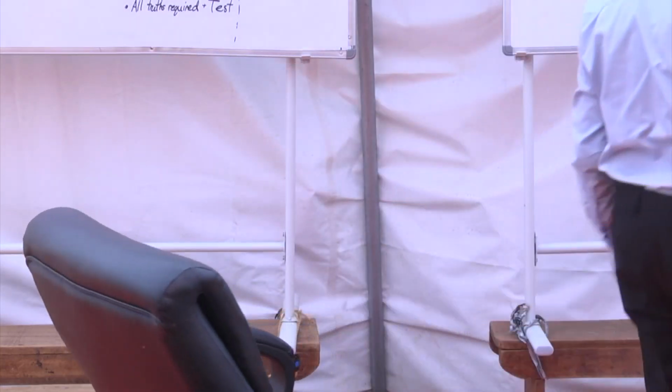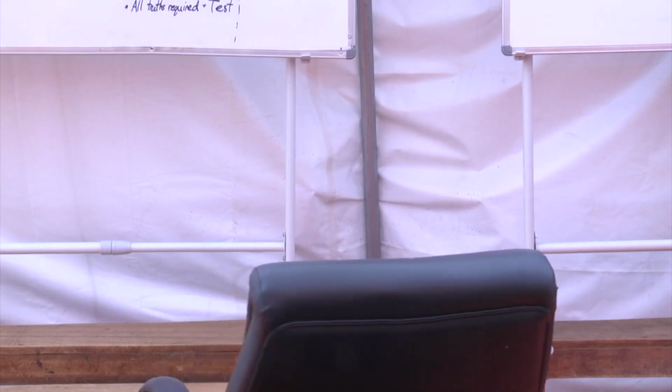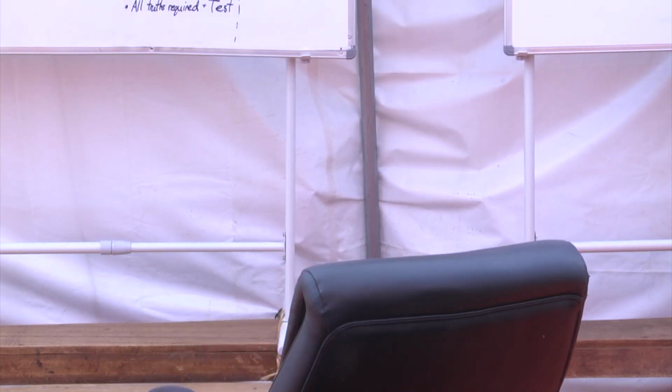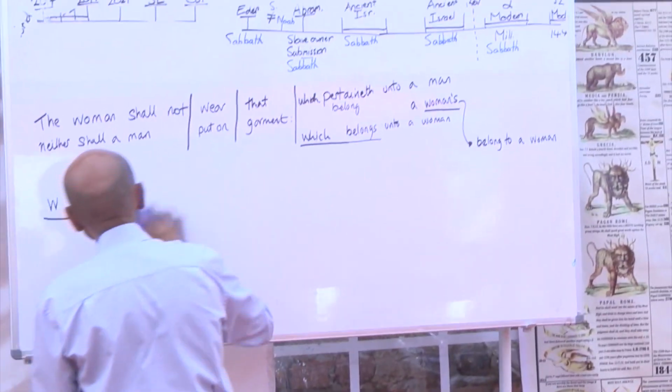We looked at the verse in the English, and it's there on the board. What we said we want to do now is try to look at the verse in the Hebrew.